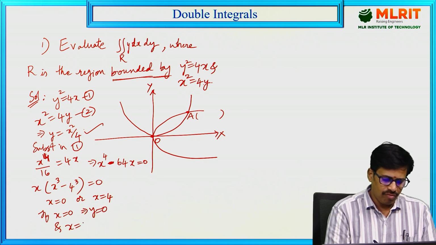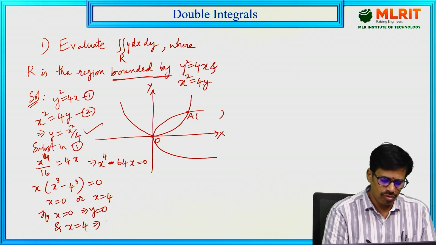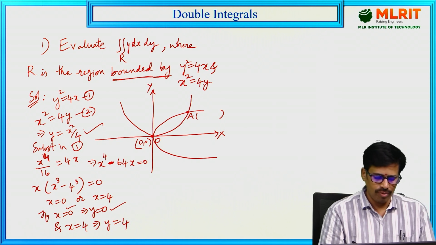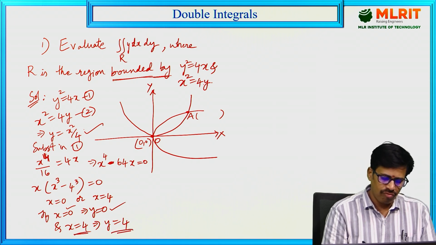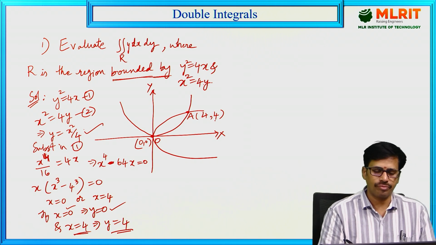And if x equal to 4, substitute here, y equal to x square by 4, so we get y is also 4. So this is obviously the origin 0 comma 0, and at x equal to 4, this is 4 comma 4.